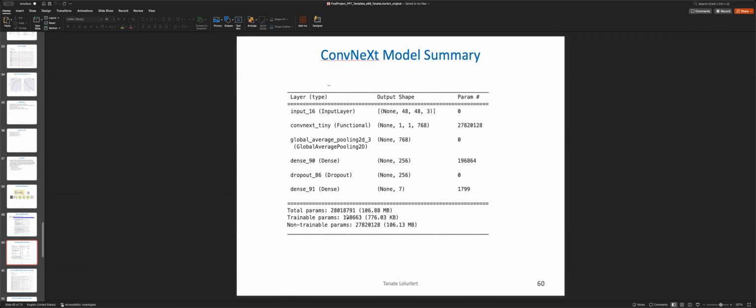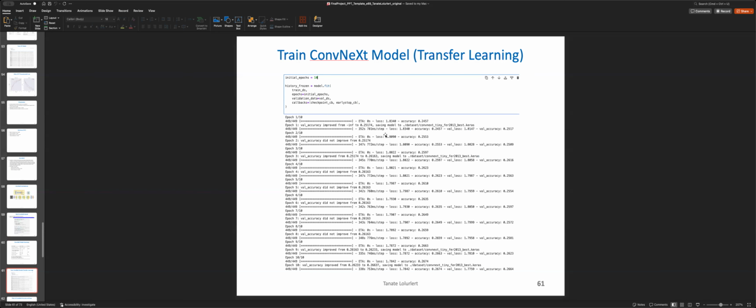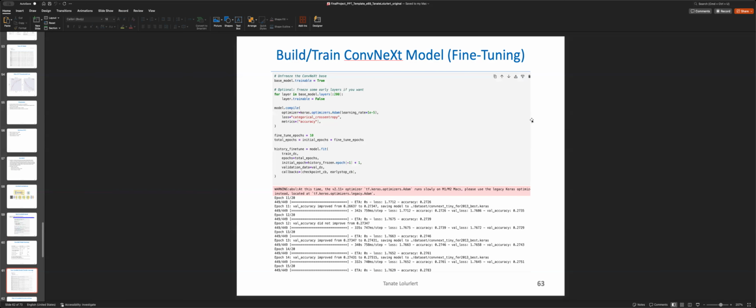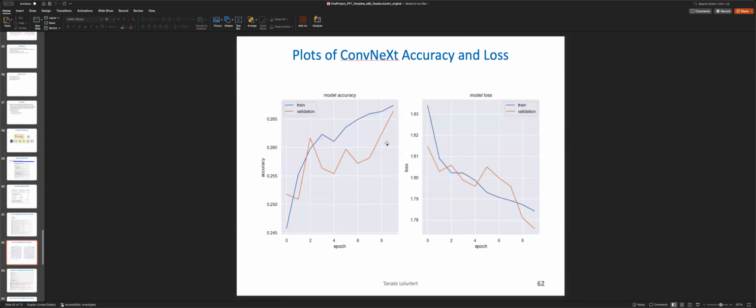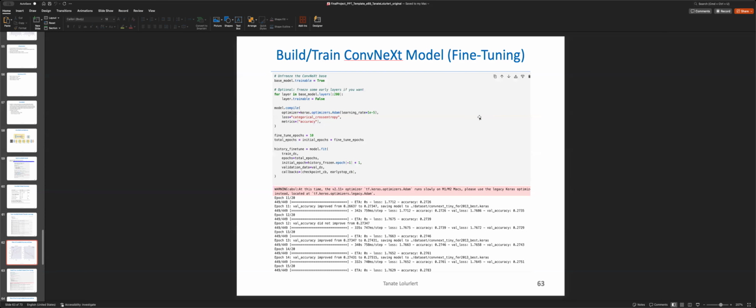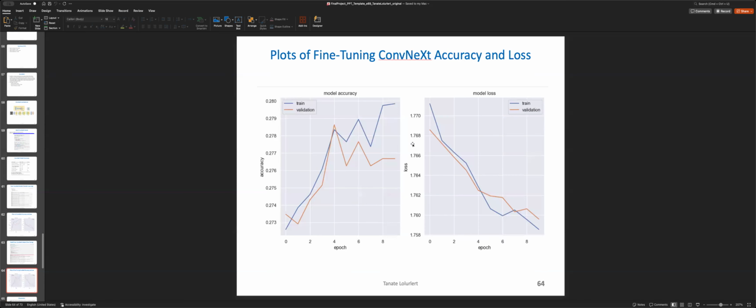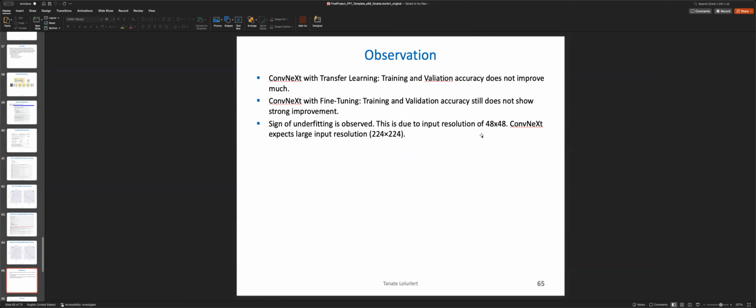The trainable parameters are about 200,000, and I trained for 10 epochs. And this is the graph. You can see it's underfitting. And this is the fine-tuned version. It's also underfitting.